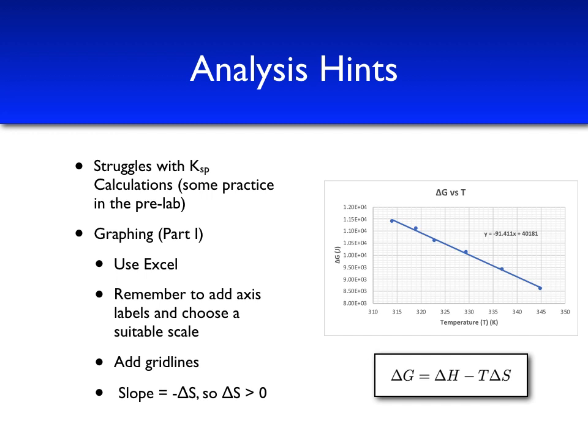Here are some extra hints for the analysis. Sometimes students struggle with the calculation of KSP. You'll get some practice of this in your pre-lab. However, it's important to note that to calculate the KSP, you need to essentially square the concentration of KHT, since for every 1 mole of KHT formed, you get 1 mole of potassium ions and 1 mole of HT ions.